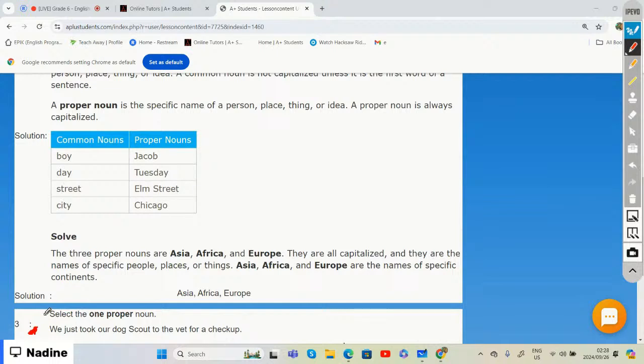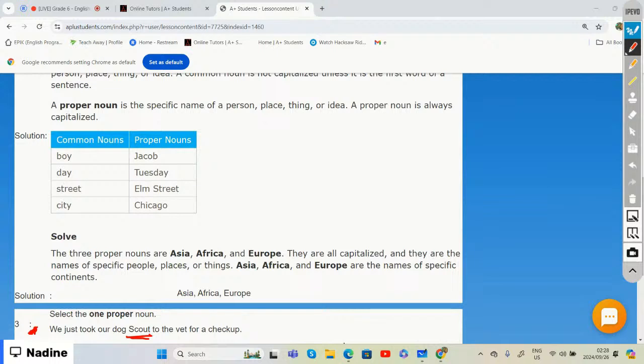And if we were to select the proper noun within that sentence, we will say Scout, because Scout is also a name, right? It's a specific name. Remember, even names of pets need to be capitalized.